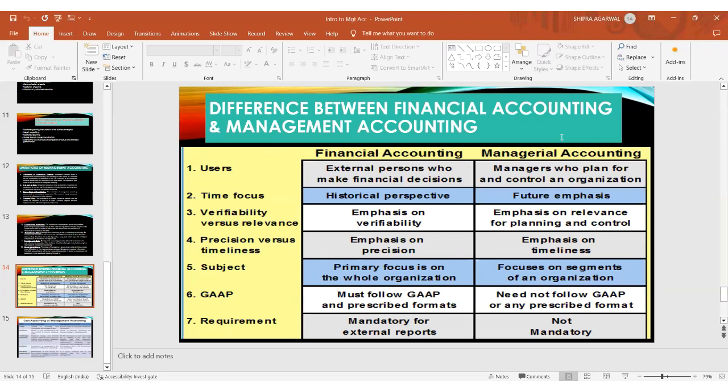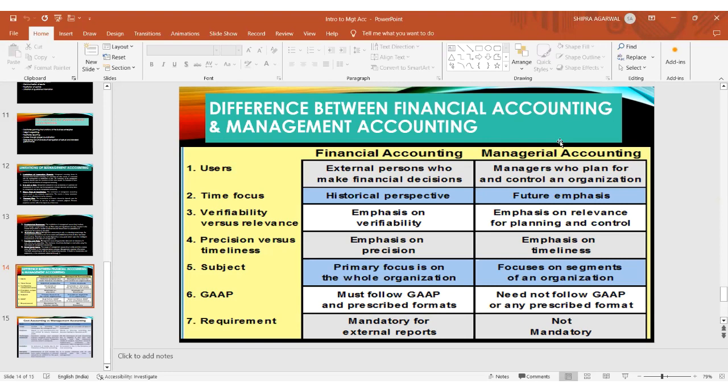Then in case of financial accounting, your emphasis is on precision. When I use the term precision, I'm talking about being exact and accurate, right?